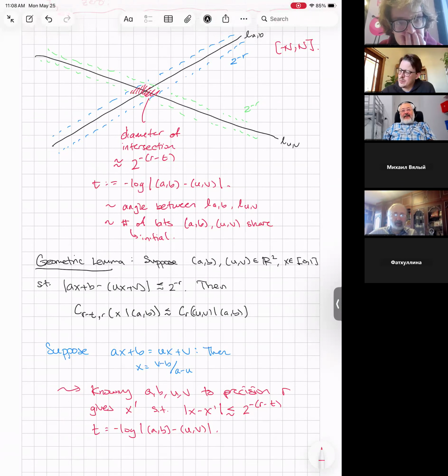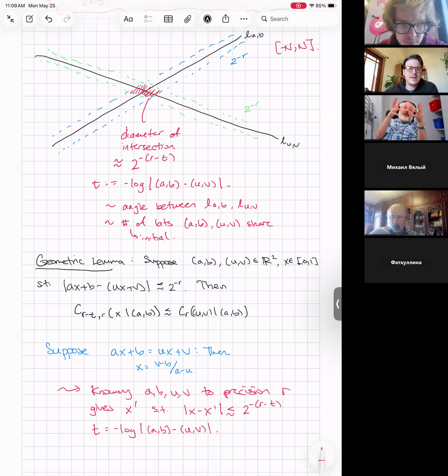We're assuming that they intersect in some bounded region. Let's say you fix the unit square. No, actually, it doesn't depend. For a bounded region, the difference between a and u and v is more or less the same, if they intersect not far away.